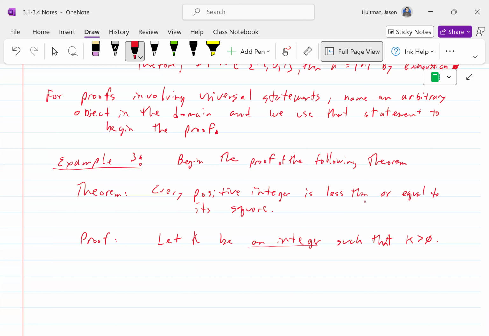So when we're proving universal statements, for every, just choose a variable that represents an object in that domain. Okay, then go on to the step showing k is less than or equal to k squared, which we did before.